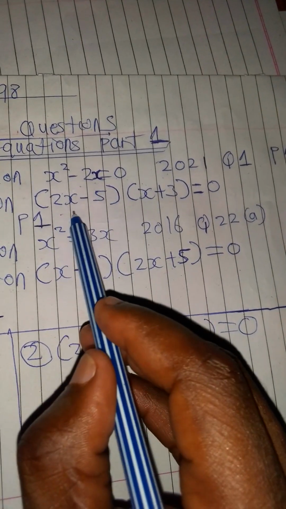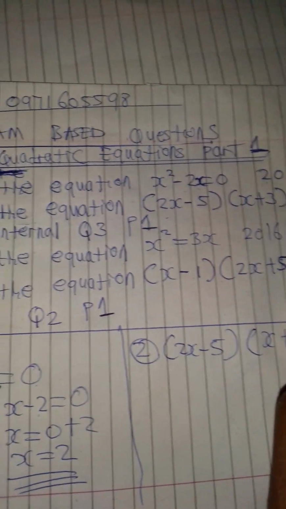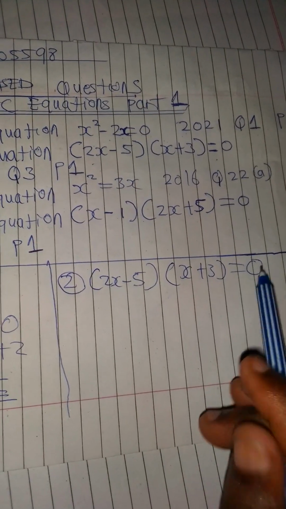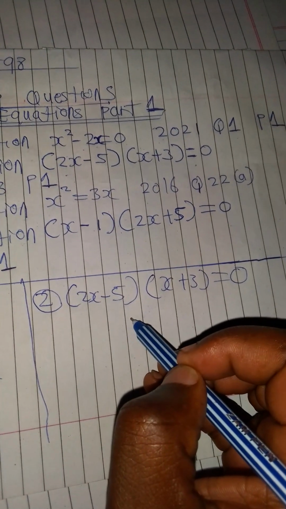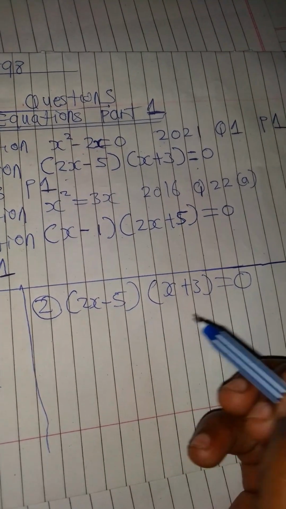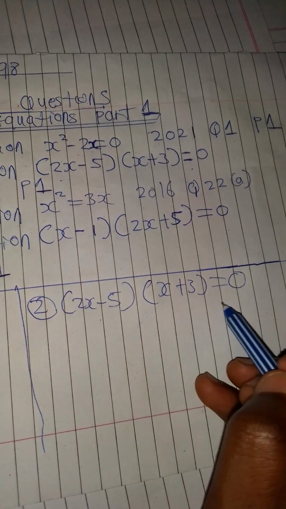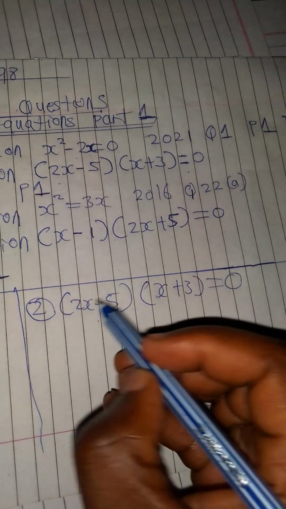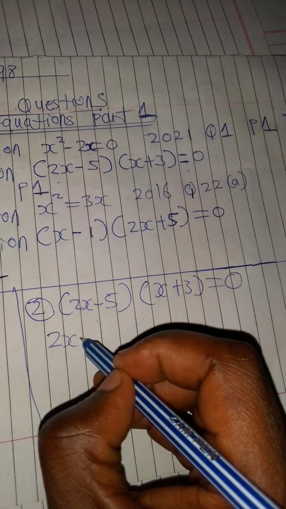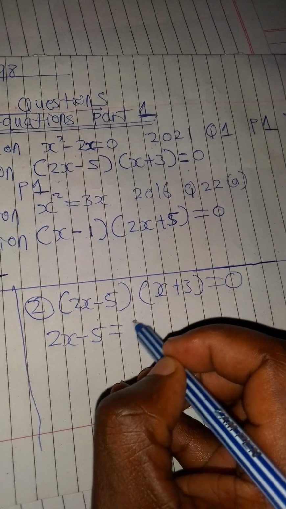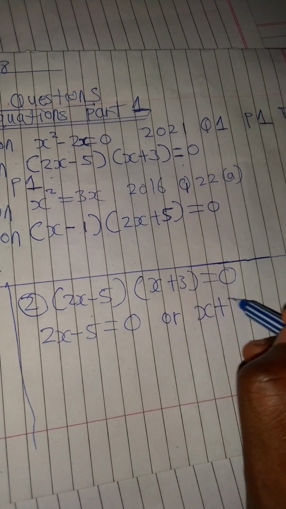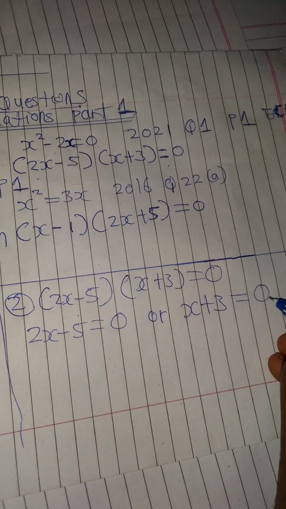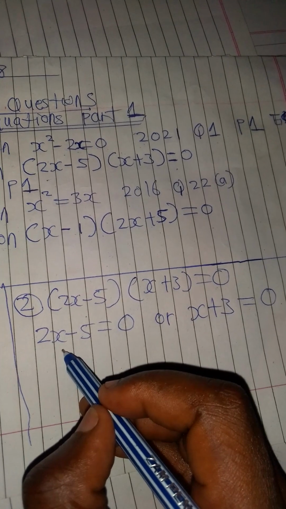After copying the question, for this one there is nothing like factorizing to find what is common. You just have to equate them to 0. So we say 2x minus 5 equated to 0, or x plus 3 equals 0. Let us solve this one first.